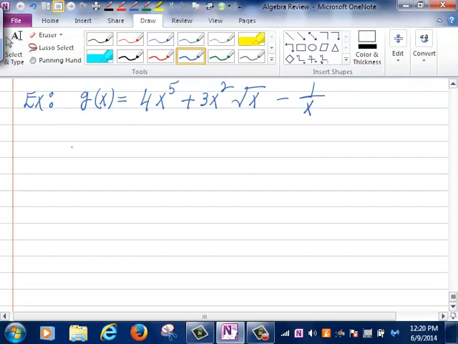What is g prime of x? First of all, what I want to do is the second term and the third term. If I want, I could apply the quotient rule to find the derivative of this term, but that will be too much work.